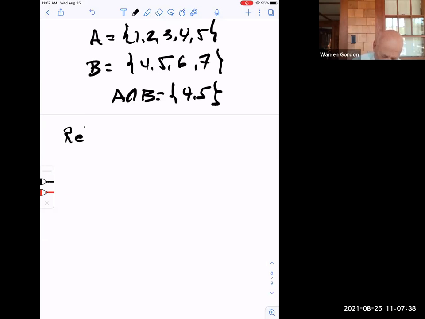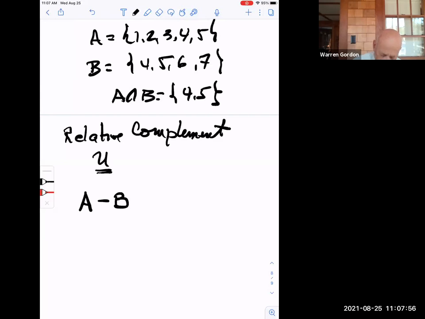Okay, the relative complement. I'm assuming, of course, that I'm giving you the universe. I want to define the relative complement. I'll write A minus B. Now I'm going to define this as follows.